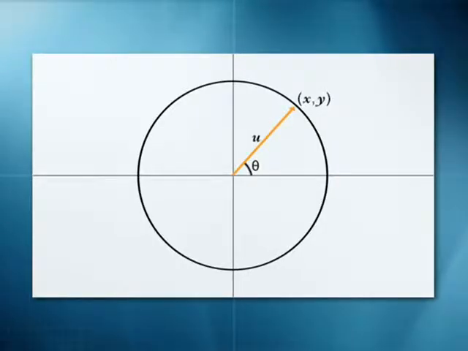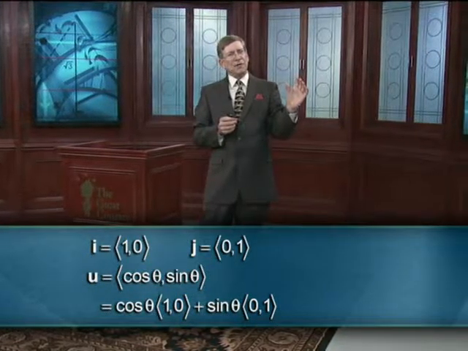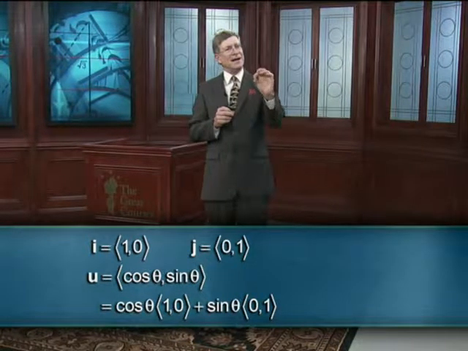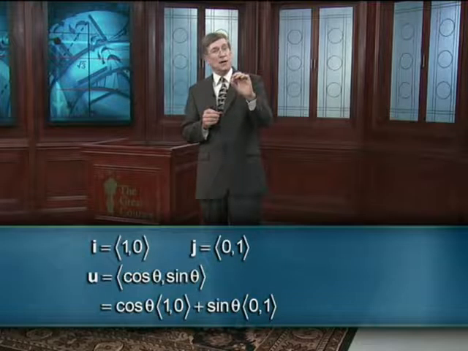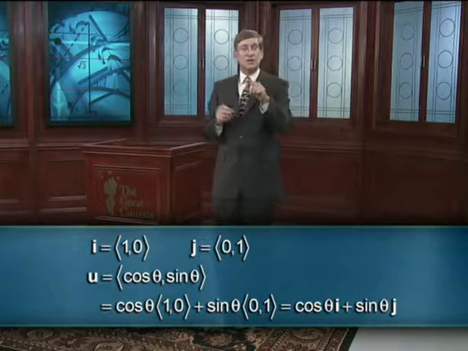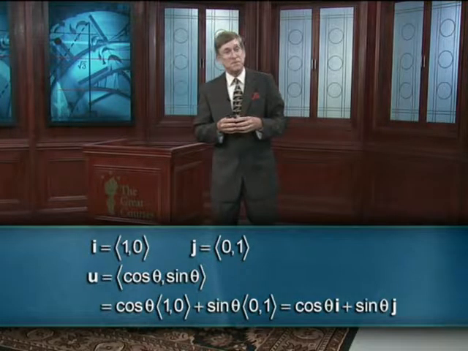Now, you can write this slightly differently, but more conveniently. Factor out the cosine theta, and you have cosine theta times the vector 1, 0 plus sine theta times the vector 0, 1, and that equals cosine theta i plus sine theta j. So that is a way of describing an arbitrary unit vector in terms of its angle.